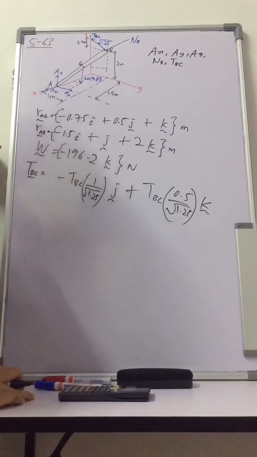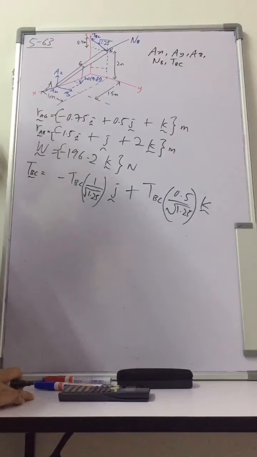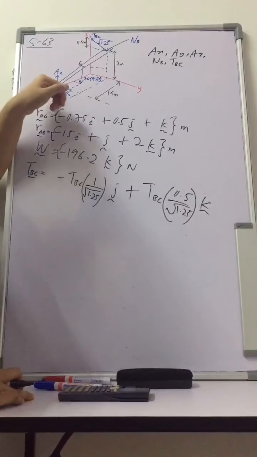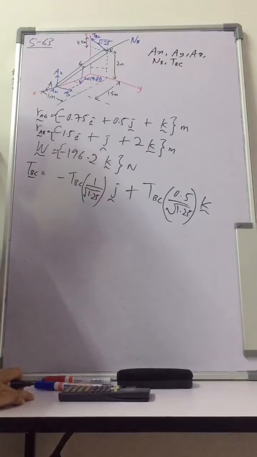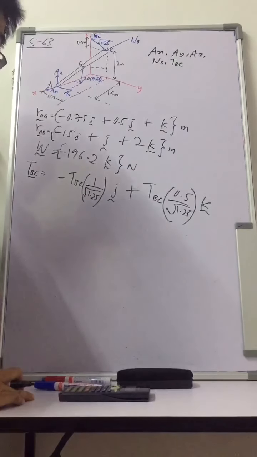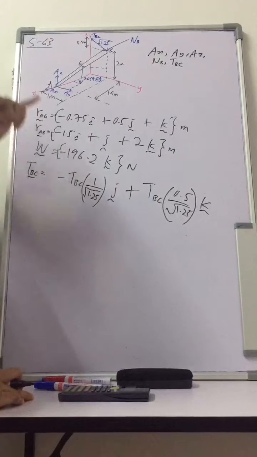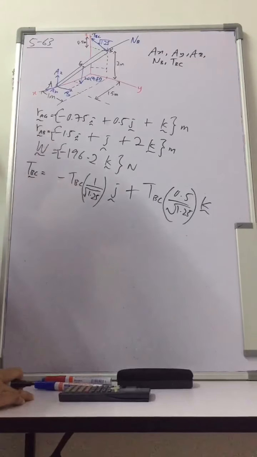I think the easiest one here is to do moment about point A. Because if you do moment about point A, AX, AY, and AZ won't have moment because they all act at point A, so they don't have an arm, in vector form.